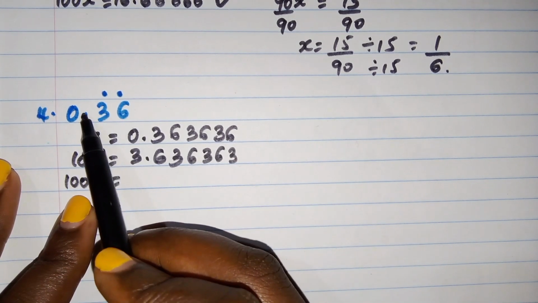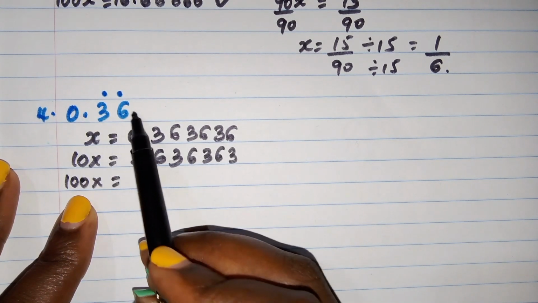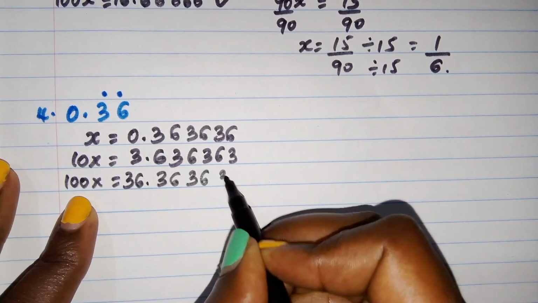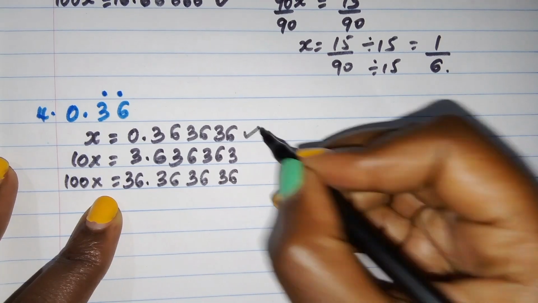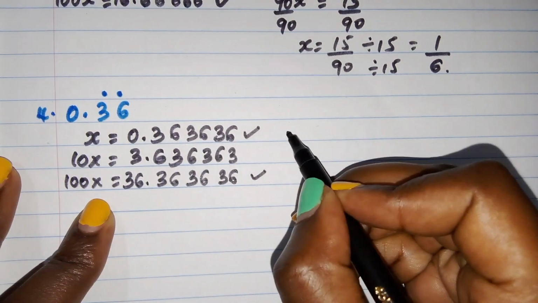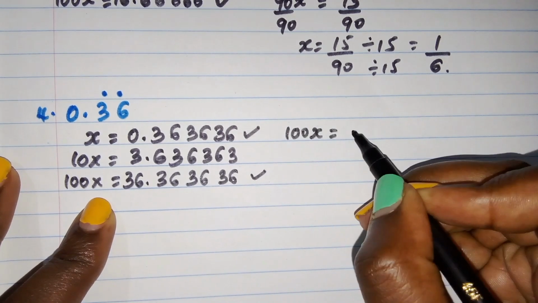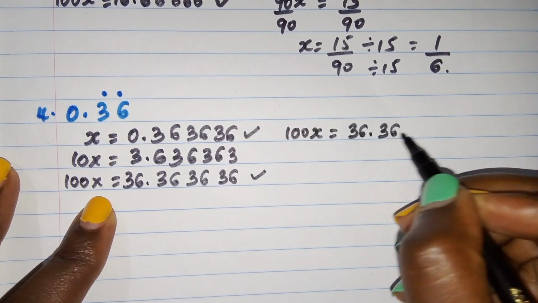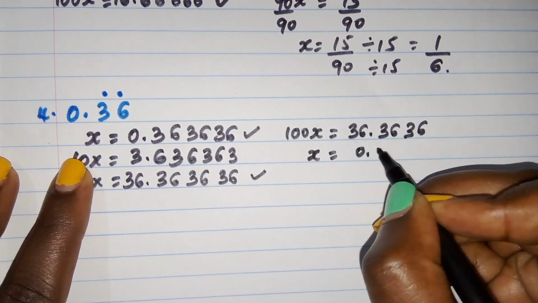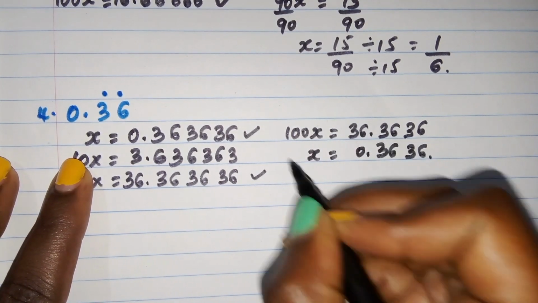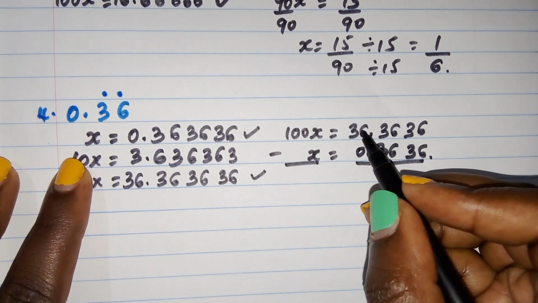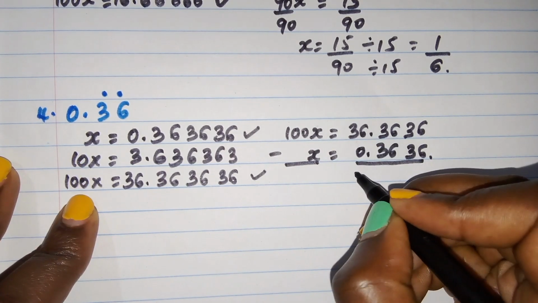You move the decimal point 1, 2, so that will become 36.3636. I can see that these numbers match. So we're going to use 100x equals 36.3636 and x equals 0.3636, subtract on both sides. Here we'll get 0, and 36 minus 0 would be 36.